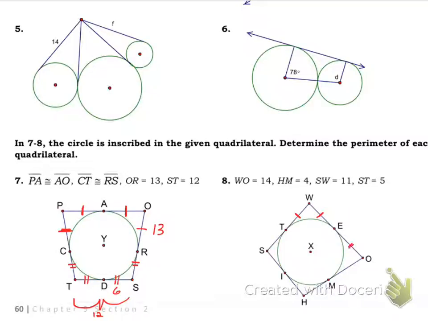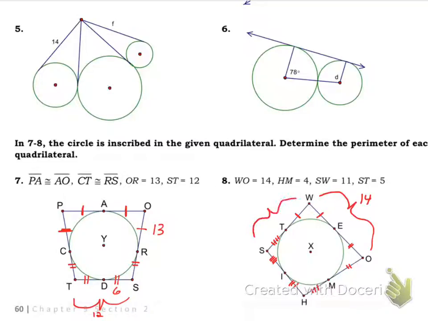I know this guy is congruent to that guy. I know this guy is congruent to that guy. I know this guy is congruent to that guy. And it tells me that WO equals 14. SW equals 11.